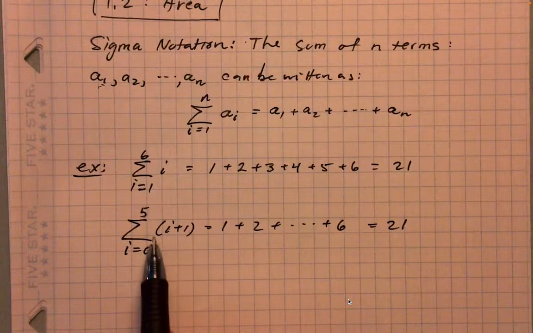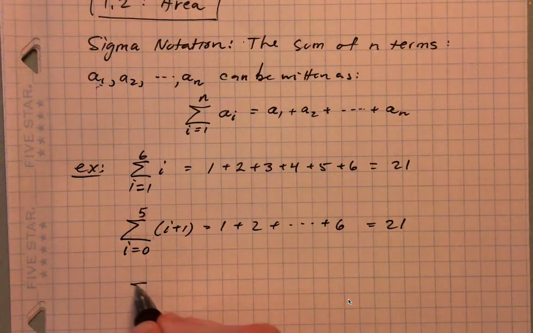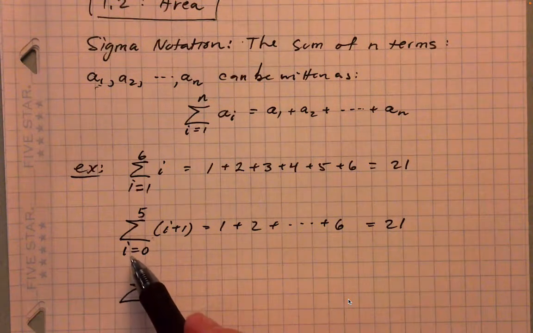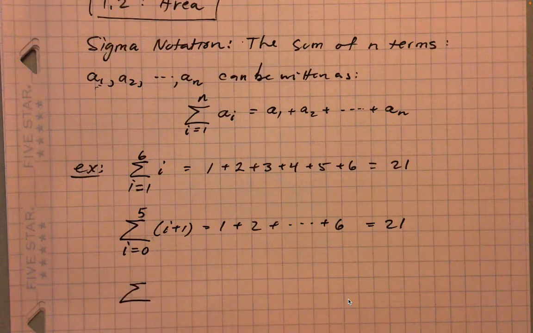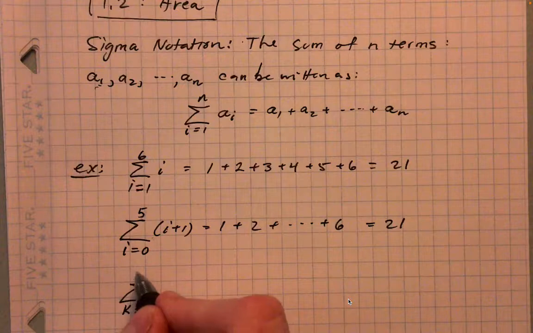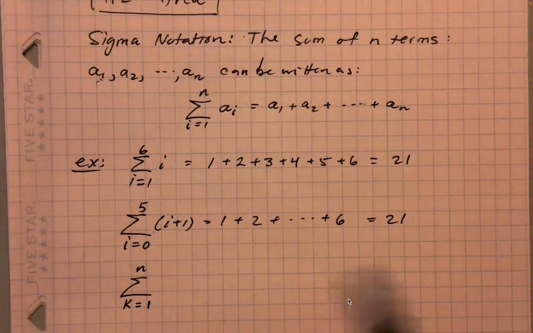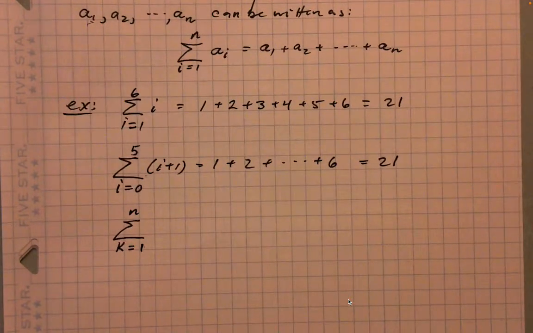Now these terms that you're summing can be as complicated as you like. So here's another example. And it's maybe most common to use i as the indexing variable, but you'll see k very frequently as well. So what if we want the sum from, as k goes from 1 up to n, of, and now n is just an arbitrary number that you can plug in, you could evaluate to different values.